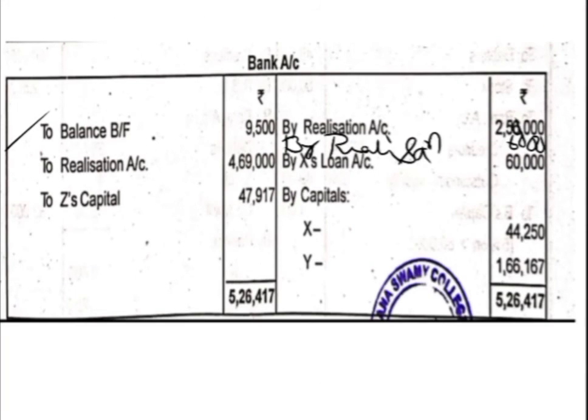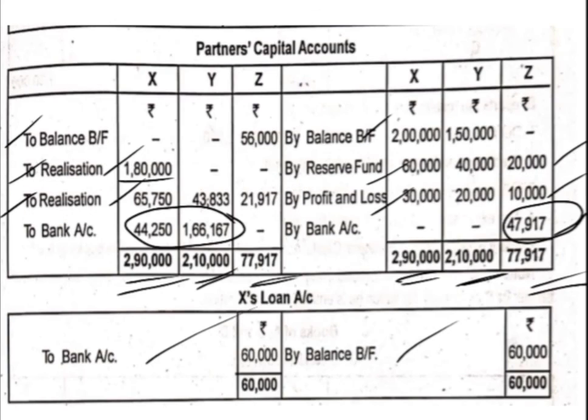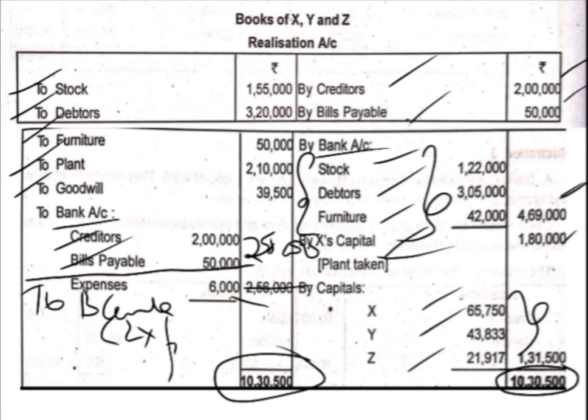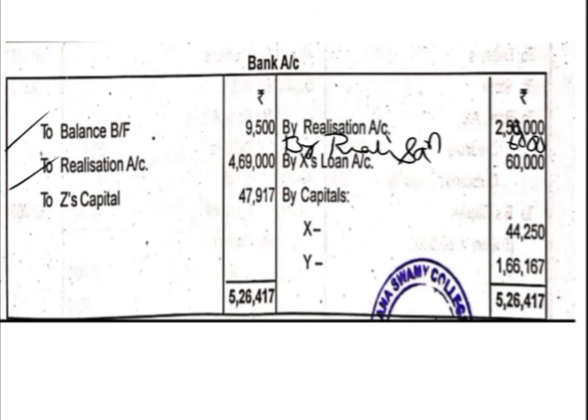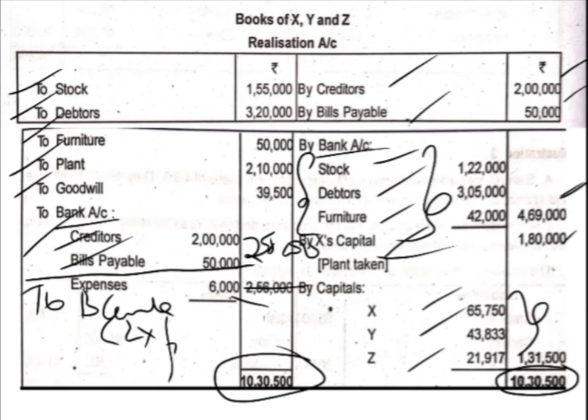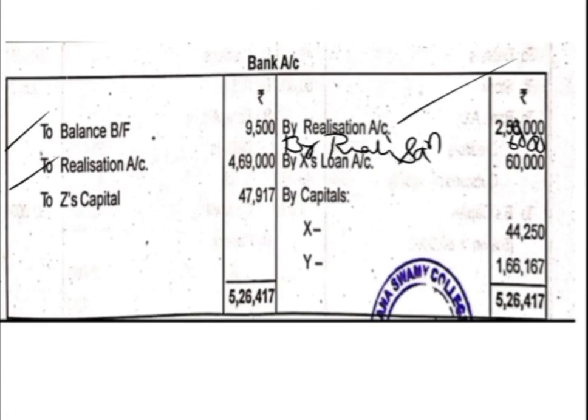So in the bank account we have to write to realization account. The next entry for paying the outside liabilities, realization account debit to bank account. So in the bank account we have to write by realization account for paying creditors and bills payable. One more entry for paying the expenses here, realization account debit to bank account. In the bank account, by realization account 6,000.